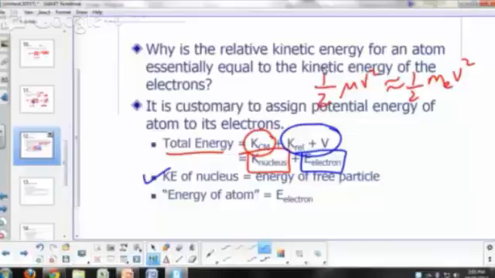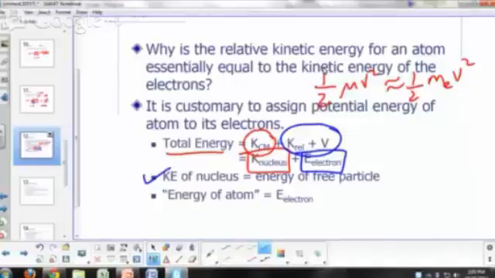So if you treat this system using quantum mechanics, the nice thing is when you set up your Hamiltonian for this two-particle system, you have a proton and an electron. Then you can pretty much say that the kinetic energy operator for the Hamiltonian that depends on the center of mass is essentially that of the nucleus.